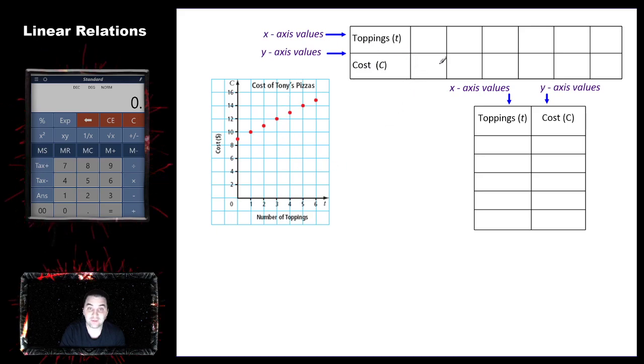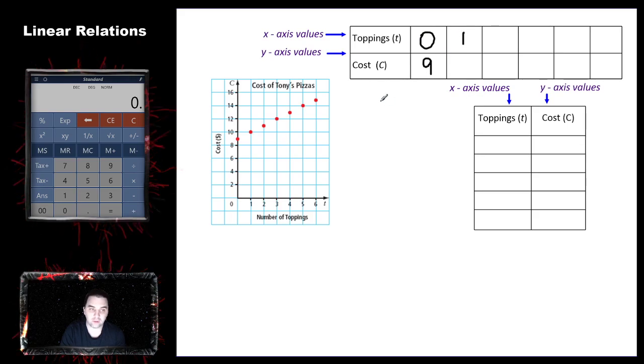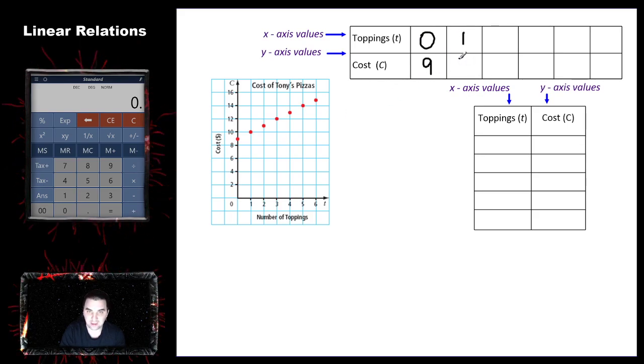So if we had 0 toppings, that's one data point here, then the cost of the pizza is 9. And we know that because that's from the previous problem. If it was 1 topping, it would be $9 plus $1, because it's $1 per topping. So that is 10. Two toppings would be 11.